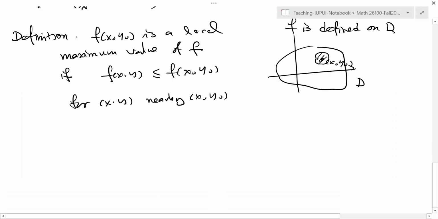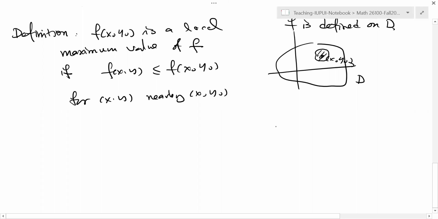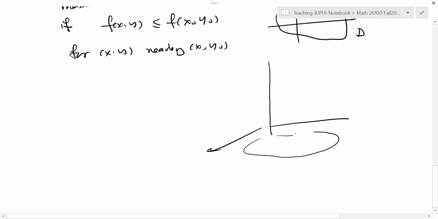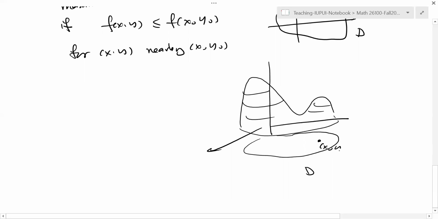I'm going to draw the graph to show you. You can see that this is a picture, and this is my domain D. This is a graph, like a mountain, and it's defined on that domain. This is a point, and this is a local highest point.